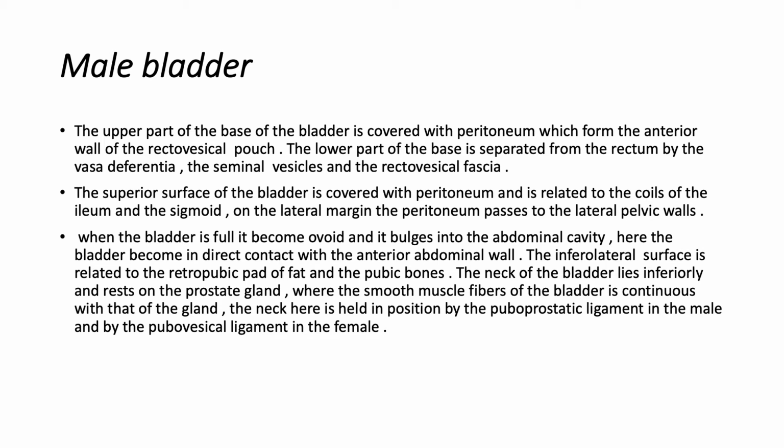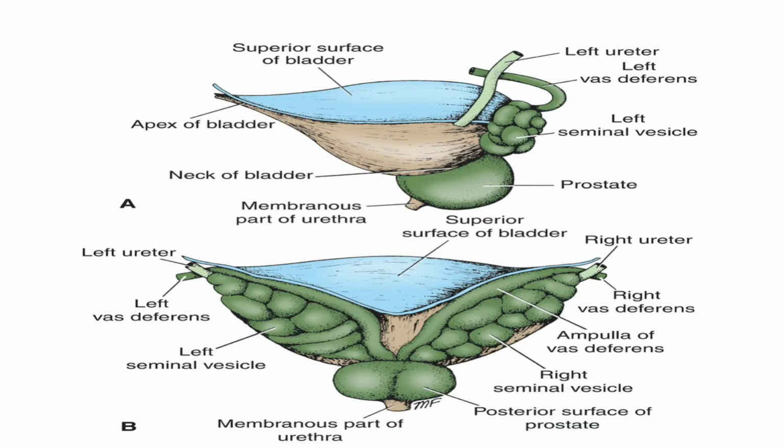We said that it has many surfaces: a superior surface, an inferolateral surface, a base, and a neck. We will explain on the picture that at the base of the bladder we have the seminal vesicles and the vas deferens, which separate the base of the bladder from the posterior organs.